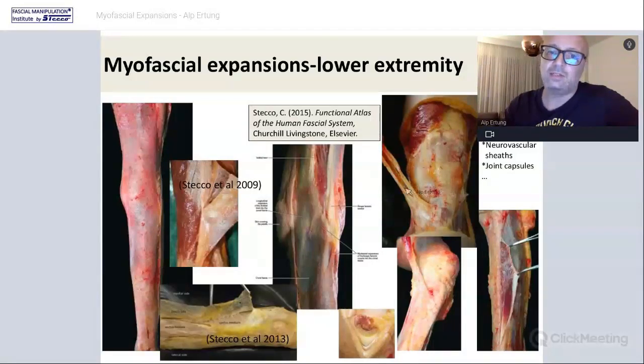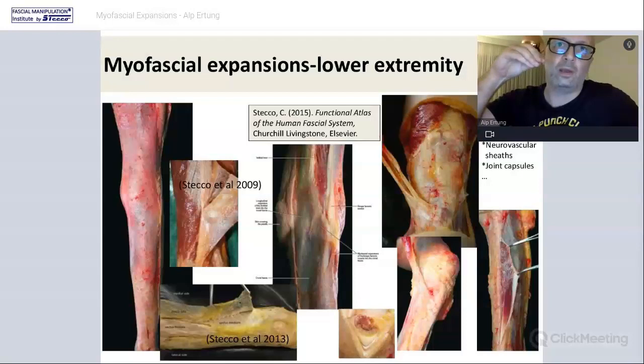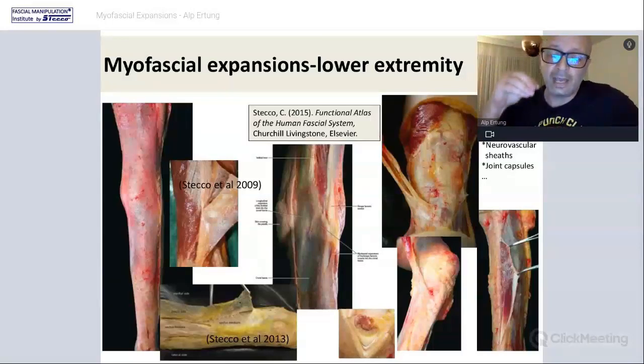We have the pes anserine tendon complex here. We have three muscles which are creating that specific tendon. And here we can see better that these tendon structures have connections with the periosteum, and also they are in continuity with the crural fascia. And we have tibialis anterior here.